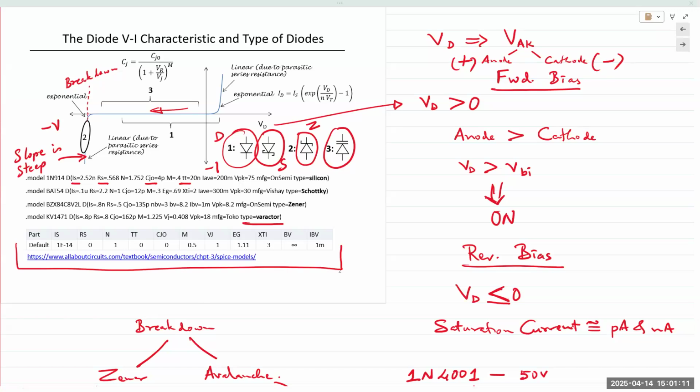The capacitance arises because at the junction, in the depletion region of the diode, we have charges that build up on opposite sides of the junction barrier. Because opposite charges are being built up on opposite sides of the barrier, we can model it as a capacitance.